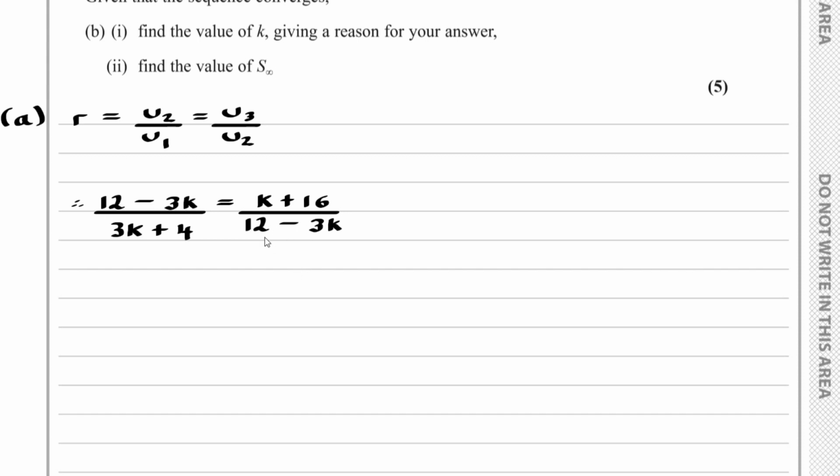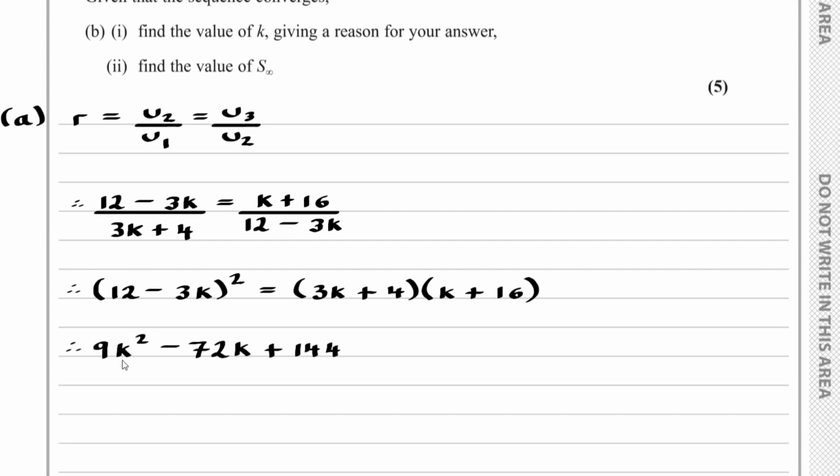Let's rearrange this. So we have 12 subtract 3k multiplied by 12 subtract 3k, which is 12 subtract 3k squared, and this is equal to the 3k plus 4 multiplied by the k plus 16. If we simplify the left hand side, we end up with 9k squared subtract 72k plus 144, and on the right hand side, we end up with 3k squared plus 52k plus 64.